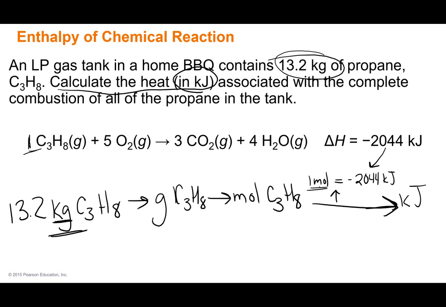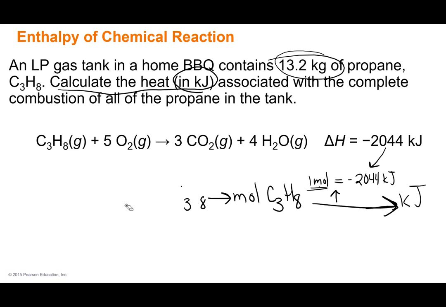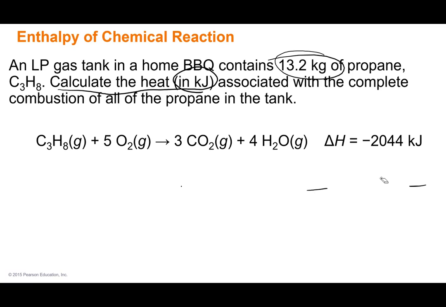All right, so let's start working the math here. We're going to start like any unit conversion that's ever existed this semester. We're going to start with 13.2 kilograms. We're going to start with the measurement given. So the first step was to go from kilograms to grams.